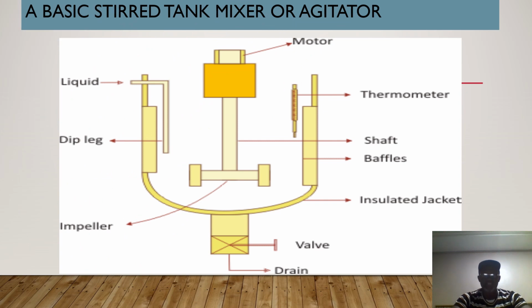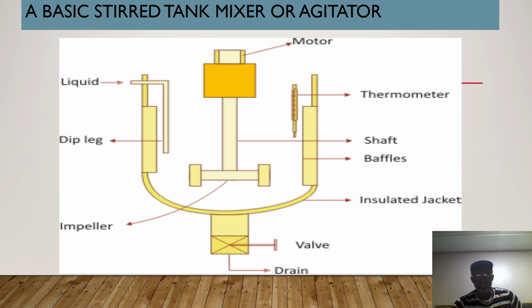Now, this is a basic stirred tank mixer agitator. All these things were mentioned. You can see the motor, where we can have a speed regulator, if you want it to move fast or slow down. We have our shaft and the baffle, and the valve where you can drain it.